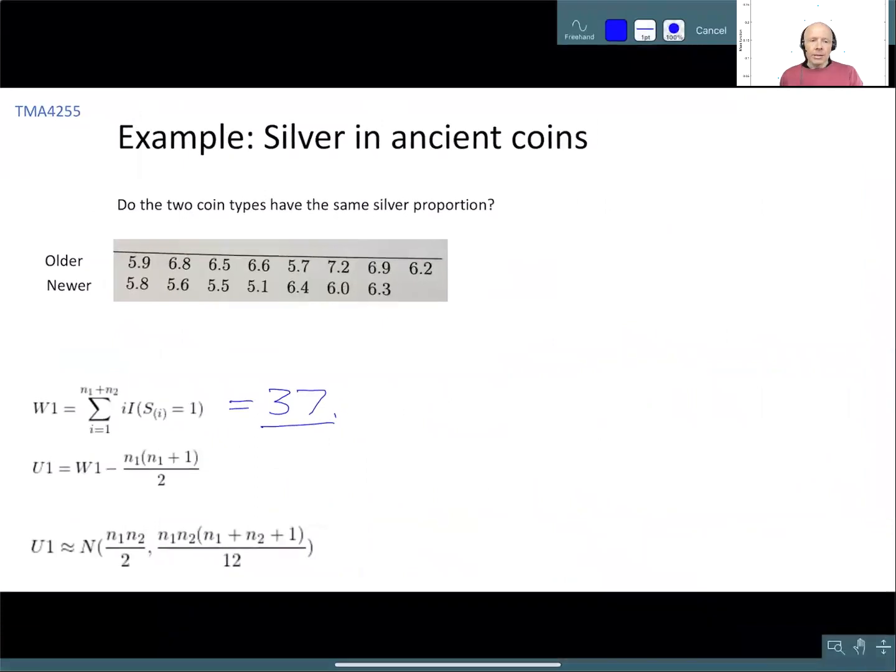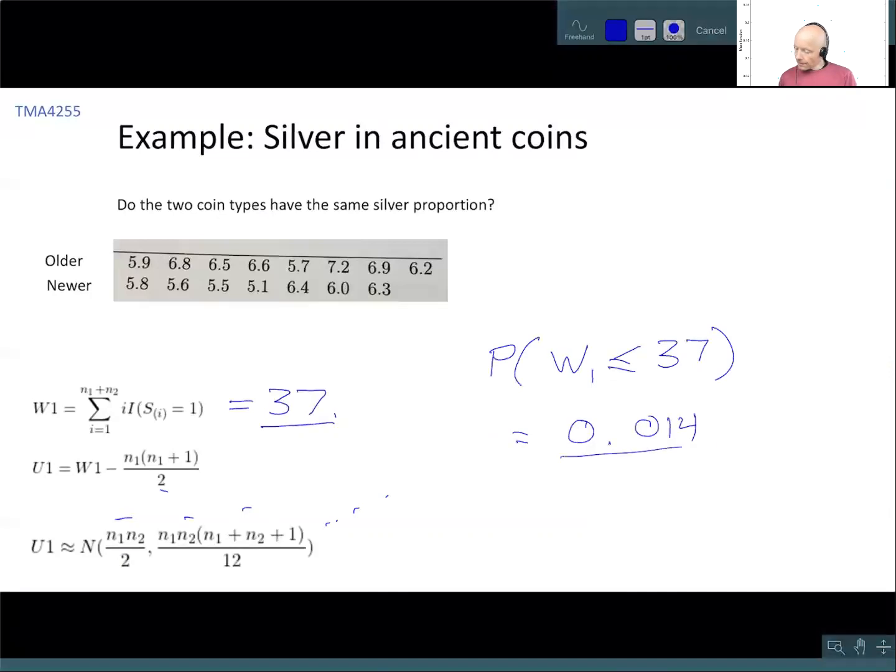Okay, let's do the hypothesis test using the normal assumption. And then we have to go through this statistic and normalize with the right numbers here. And in the end, we get the probability of observing something this small or smaller, which is 0.014.